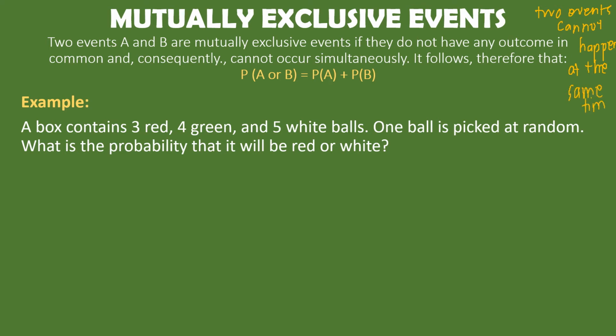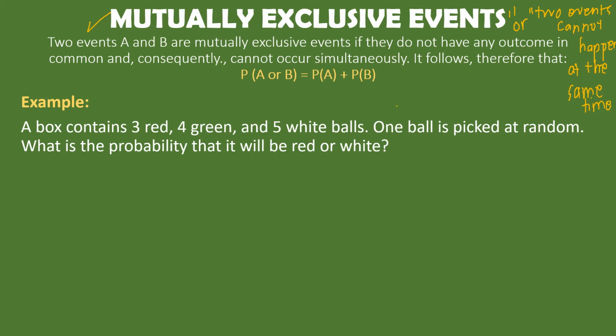That's why this kind of probability problem does not have a minus P of A and B in the formula. But again, your clue here is you're looking for "or," the possibility of an or event. Just one of them will happen. So your clue is there's an "or," but the two events cannot happen at the same time. That is for mutually exclusive events.